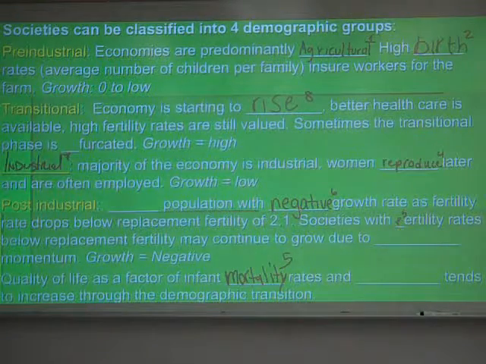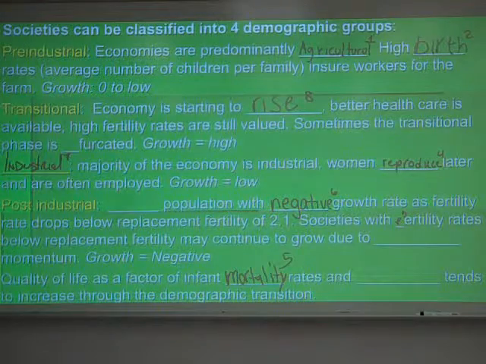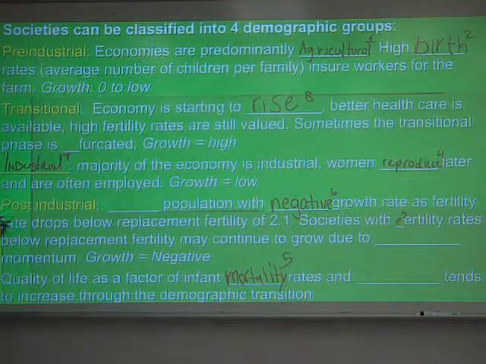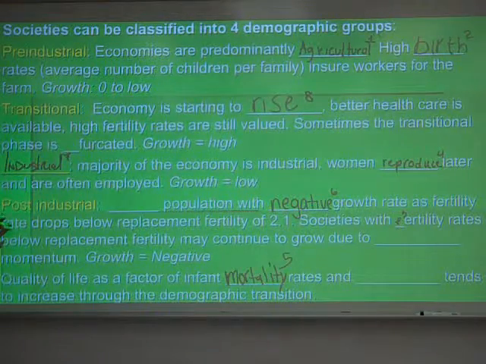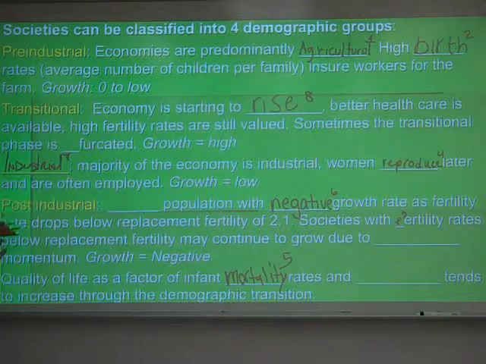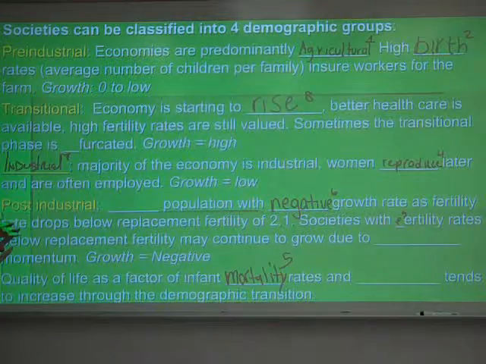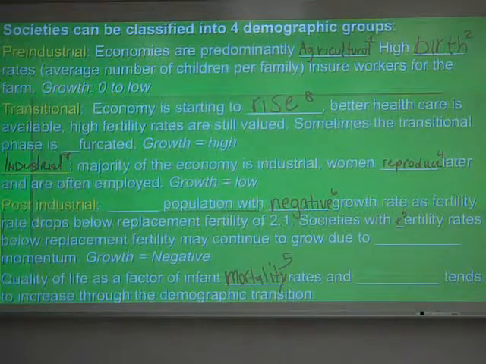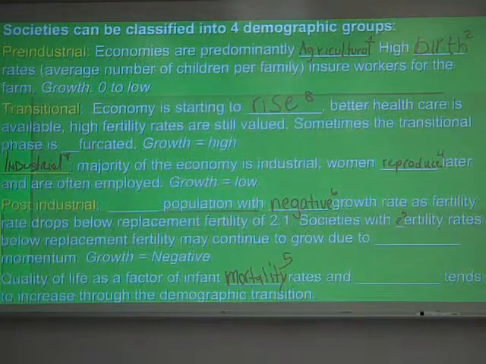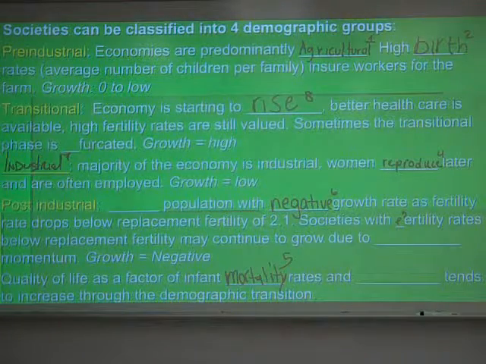Much of the world, not most of it, has gone to at least stage 3, and some is going into stage 4. As you'll notice when I show you some graphs, the post-industrial stage is all pretty theoretical because no societies have stayed there long enough to study what happens.